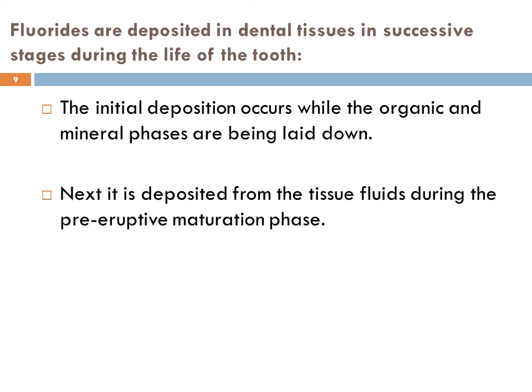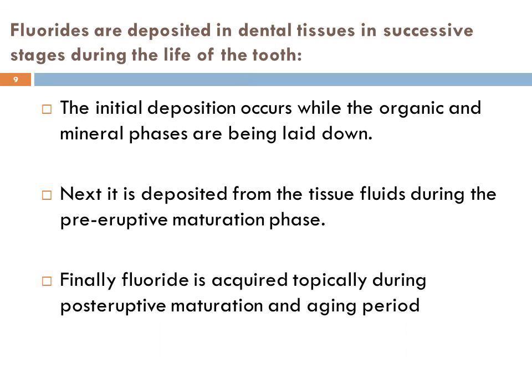The second step is deposition of the fluoride during the pre-eruptive maturation phase, and the source is the tissue fluid around the tooth during this period. And the third and final stage is the acquisition of the fluoride topically after eruption of the tooth, when it becomes in contact with the oral environment, for example saliva.